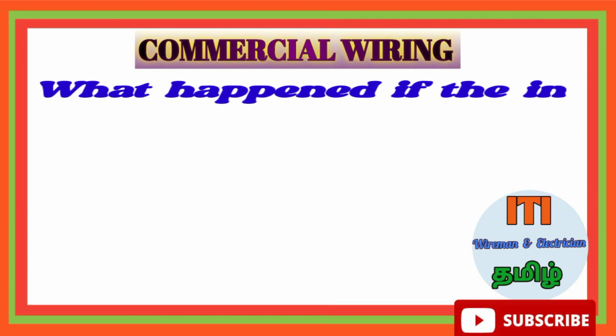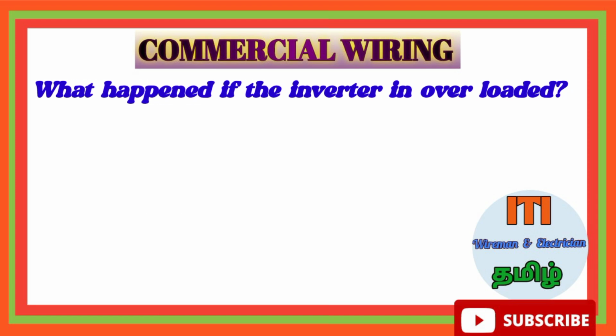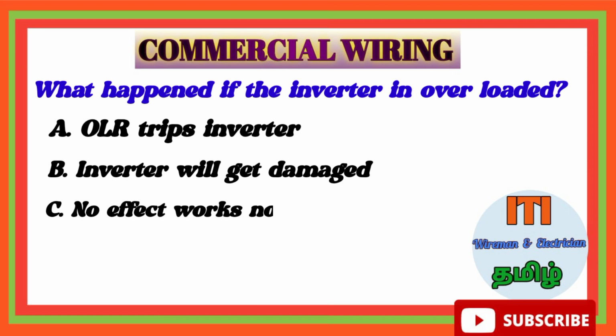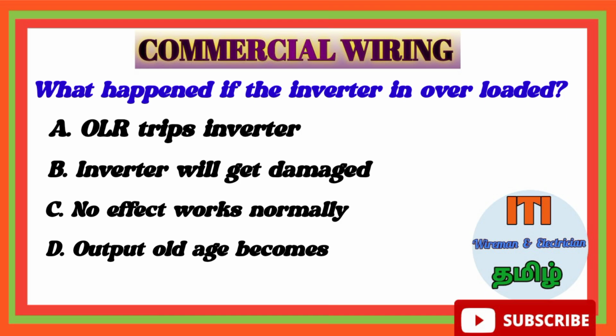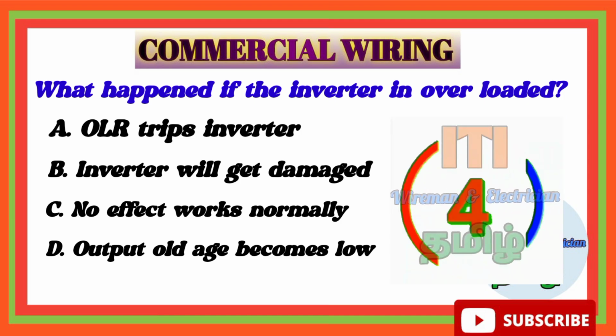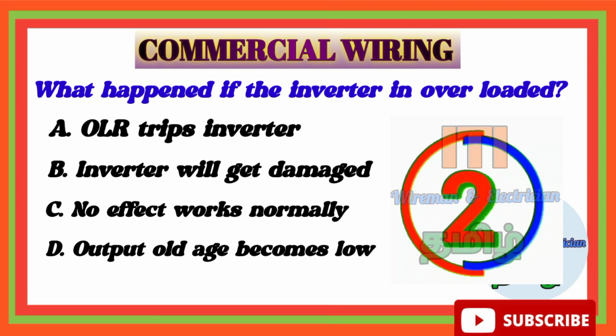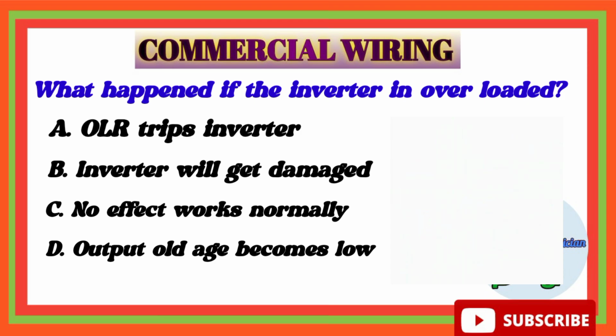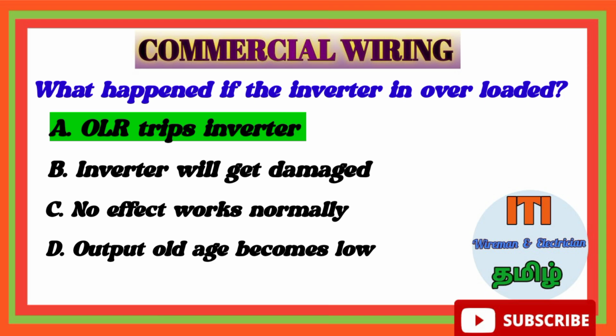What happens if the inverter is overloaded? Option A, OLR trips inverter. Option B, inverter will get damaged. Option C, no effect, works normally. Option D, output voltage becomes low. Answer: option A, OLR trips inverter.